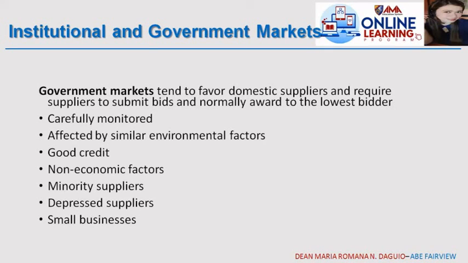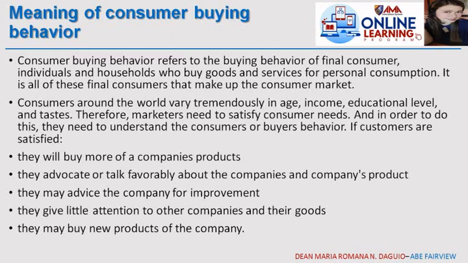So kung sino sa kanilang supplier ang makakapag-offer ng same product in a much lower price, doon sa kanya i-award. So it is carefully monitored, affected by similar environmental factors, good credit, non-economic factors, minority and depressed suppliers, and small businesses. So those things are also considered.